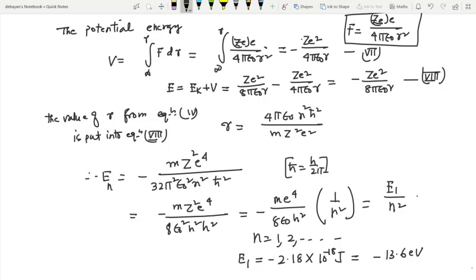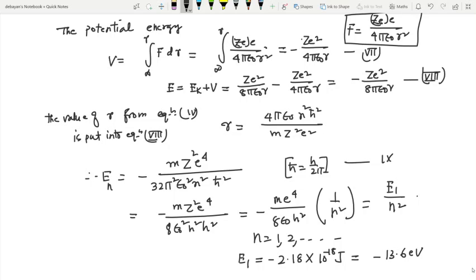What I am trying to say is, if the electron is initially in some orbit, say of quantum number ni, the initial orbit, and makes a transition to a final orbit of quantum number nf, then what is the energy change when it moves from the initial energy level to the final energy level? That can be given by these equations. Let us call that particular equation equation number 9.